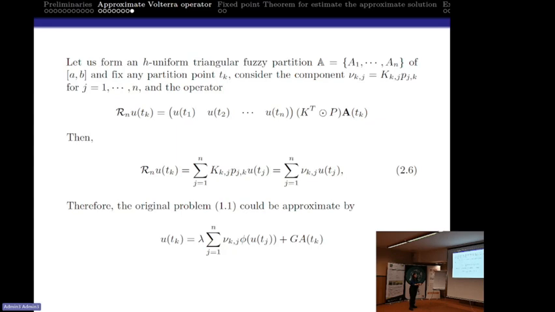And when we put this again into the original function, the original problem can be approximated by this. And you can see how similar it is compared to this one. From now on, we're done with the fuzzy transform, and the next step is the Fishbone theorem.